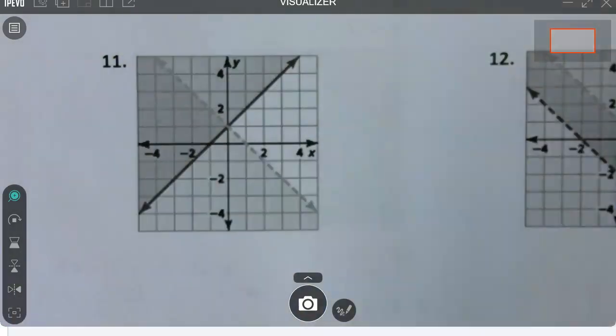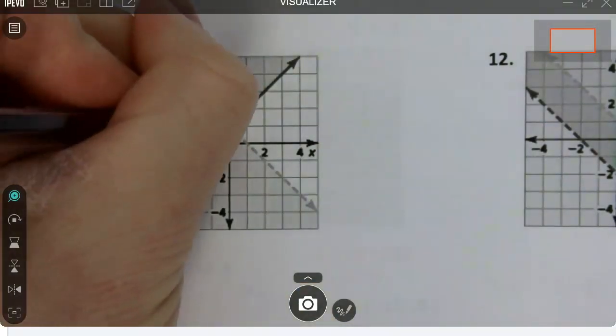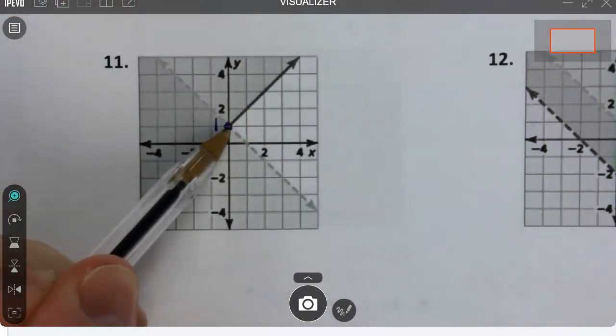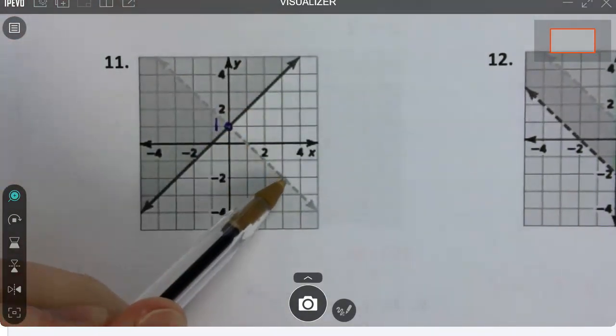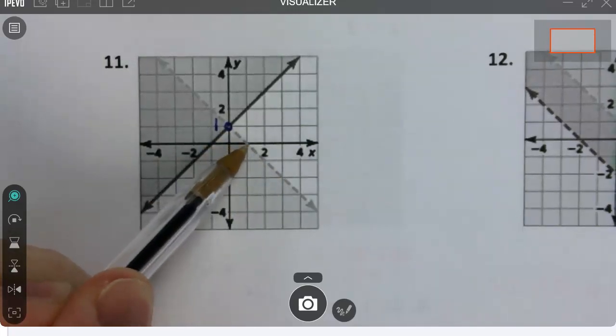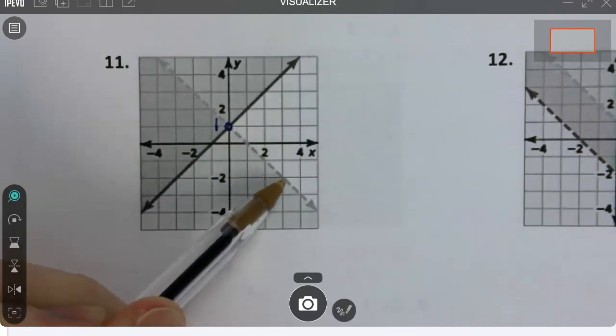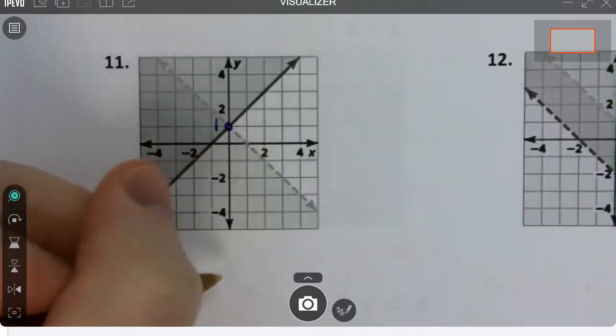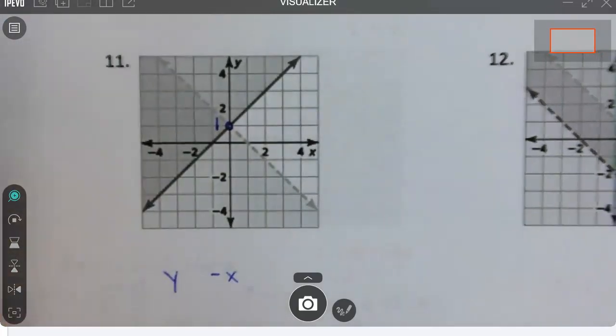Okay, so let's start with the dash line. We have a y-intercept at 1. And to get from one point to the next, to the next, to the next, I had to go down 1, right 1, down 1, right 1, down 1, right 1, which is a slope of negative x. So I know I have a y, a slope of negative x, and a y-intercept at plus 1.